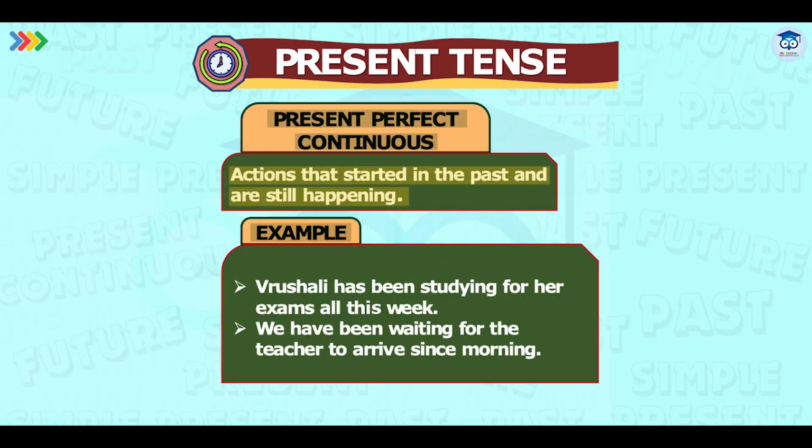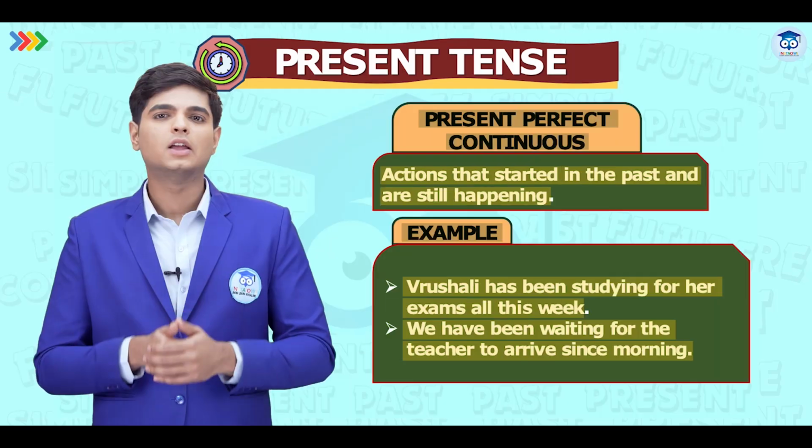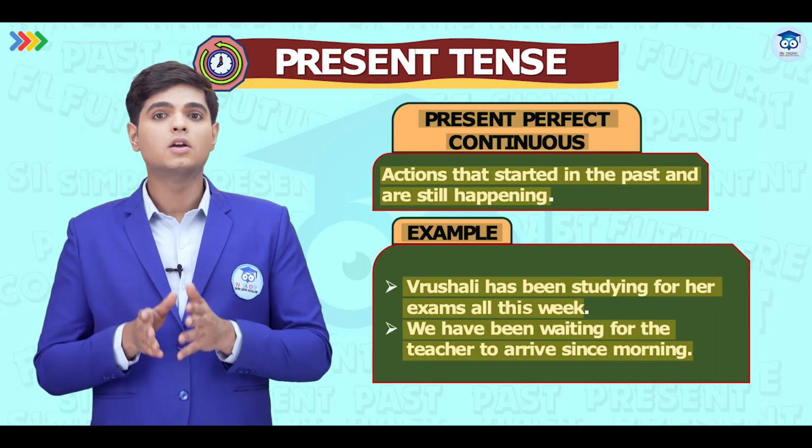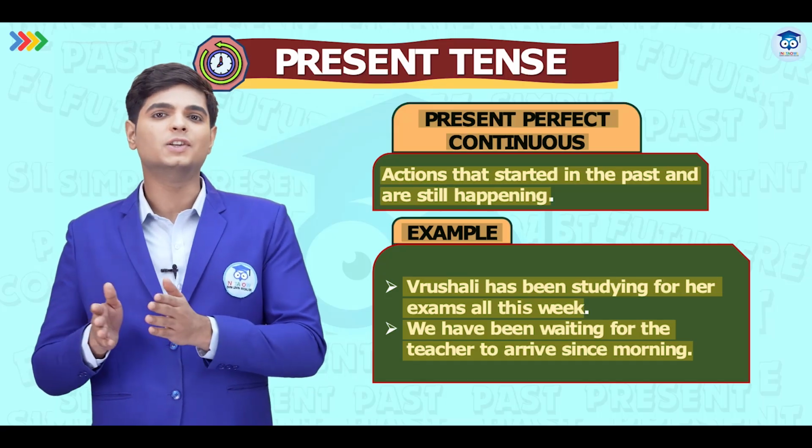For example, Brushali has been studying for her exams all this week. Here, she started earlier and she's still preparing for it. Another one, we have been waiting for the teacher to arrive since morning. This shows that the action hasn't ended yet. This tense follows subject plus has or have been plus base verb plus ing.